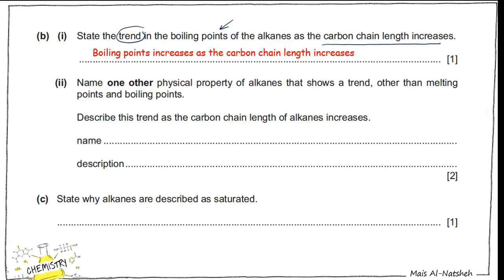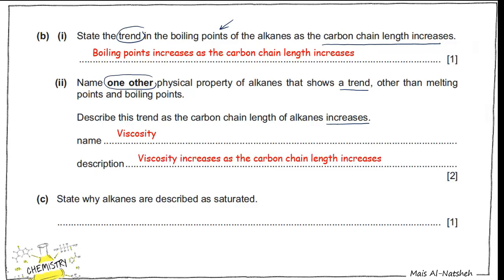Name one other physical property of alkanes that shows a trend other than melting and boiling points. Describe this trend as the carbon chain length of alkanes increases. We can suggest viscosity, and viscosity increases as the carbon chain length increases.